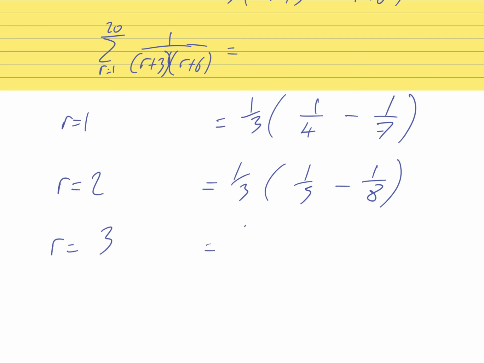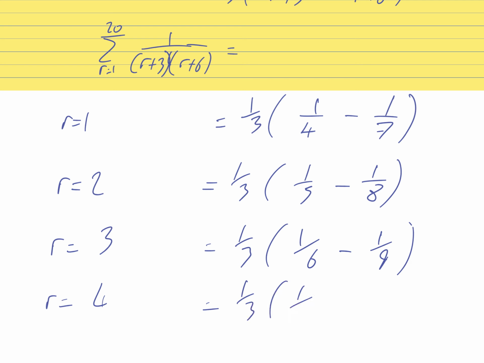Put r equal to 3: 1/3 times 1 over 6 minus 1 over 9. Put r equal to 4: 1/3 times 1 over 7 minus 1 over 10.